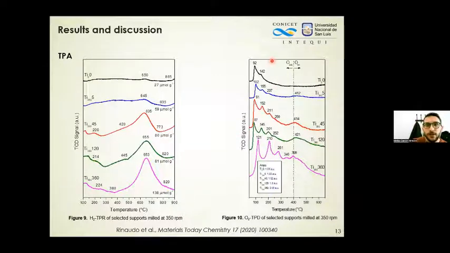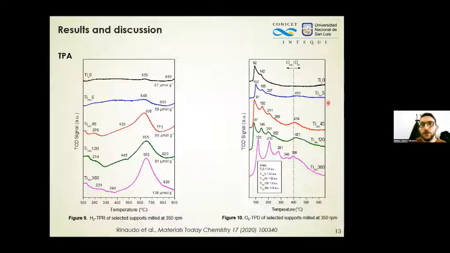And also we obtained some values of the oxygen that could be adsorbed in oxygen vacancies, some signals that also increase with the milling time. And in this case, some bulk oxygen of the lattice, where we also have some signals compared to the starting material.